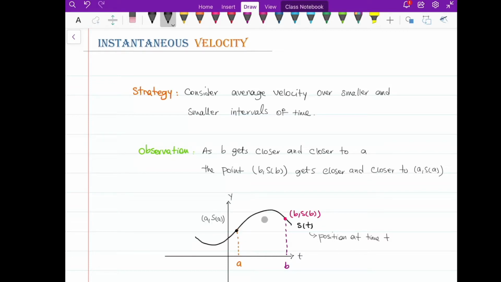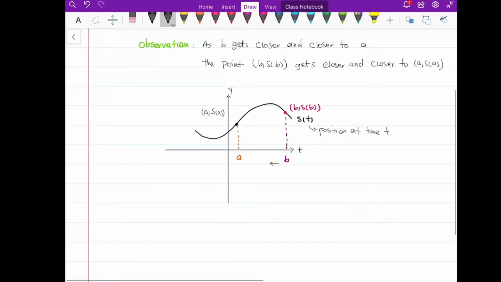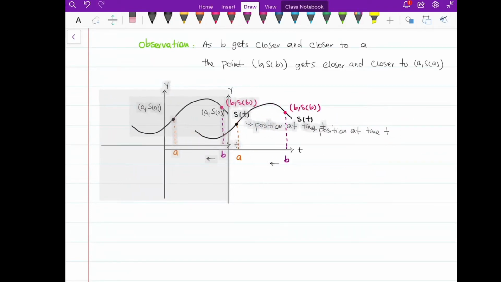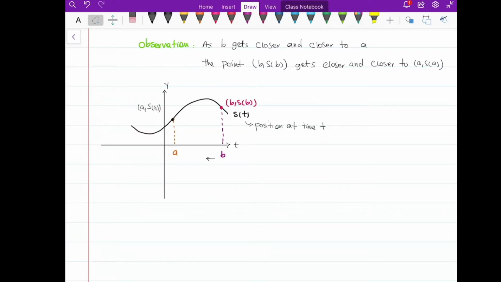And something else. So as b is getting closer to a, if b is moving this way, this point is getting closer and closer to this point, right? And something else that is nice to notice is this one. Let me just move the graph in here. I'm also going to move this one in here so that I have more space to write.